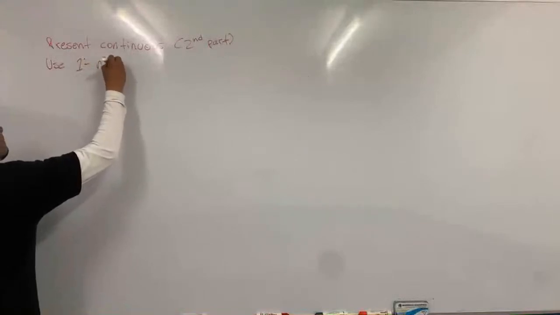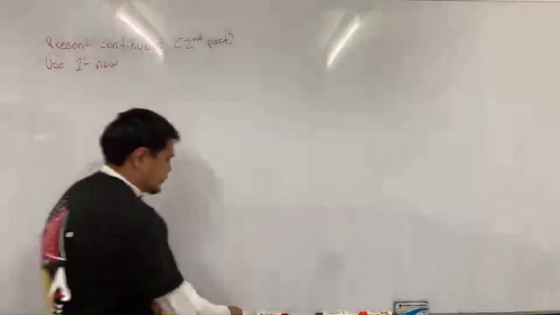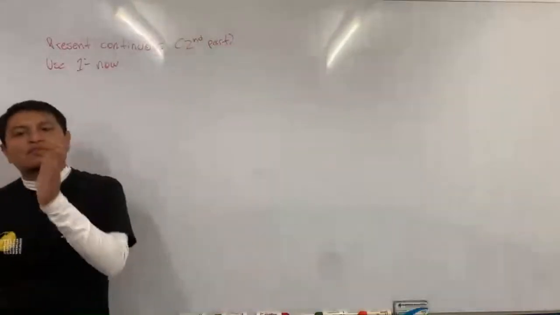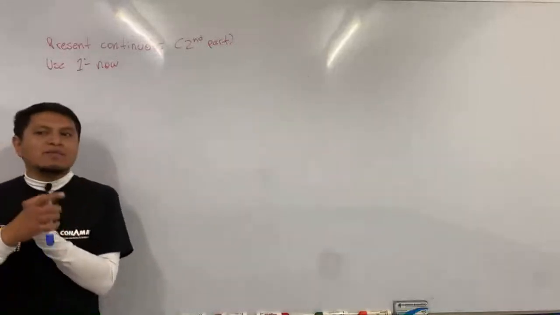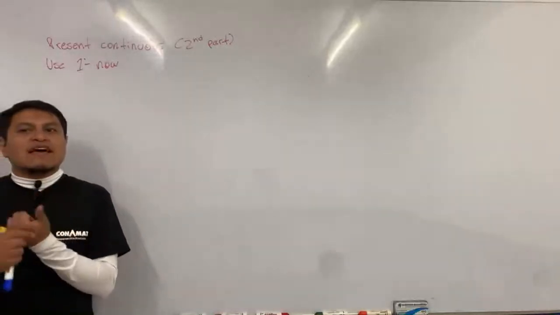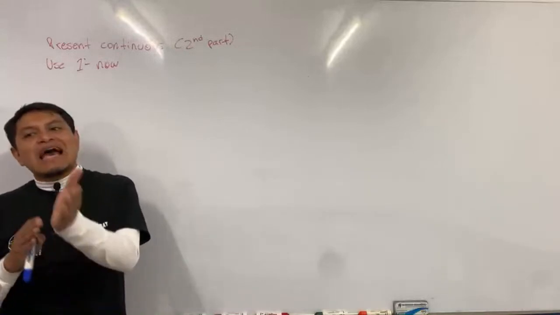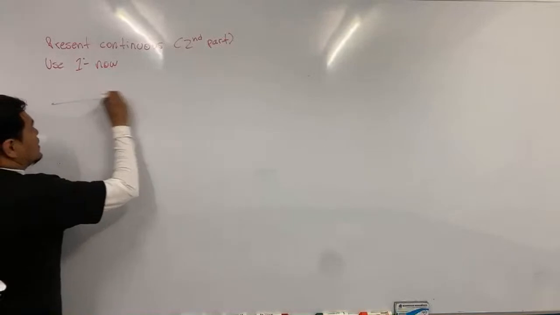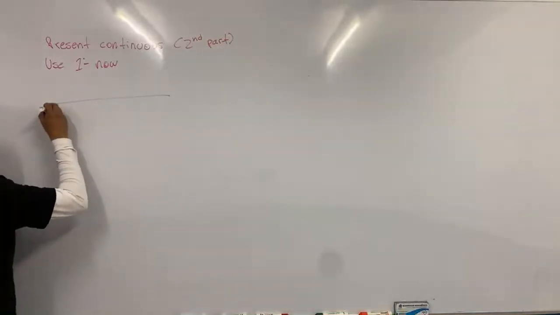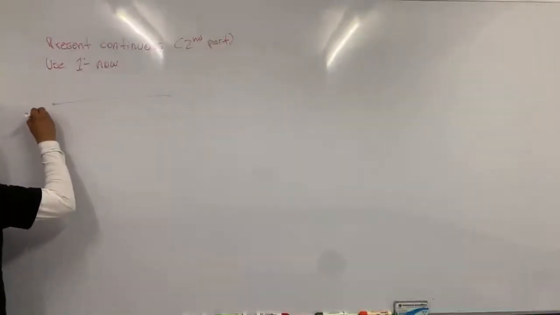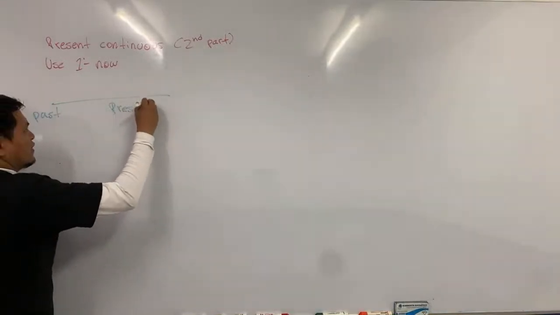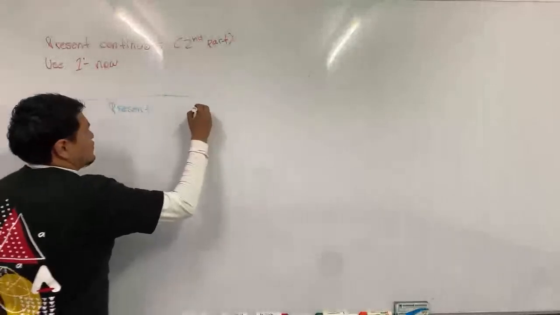For now. The present continuous is used with normal verbs to express the idea that something is happening now, right?